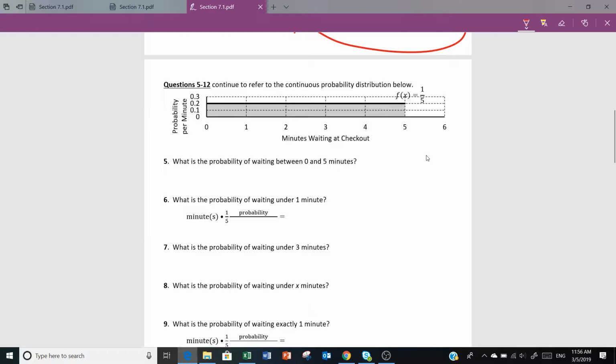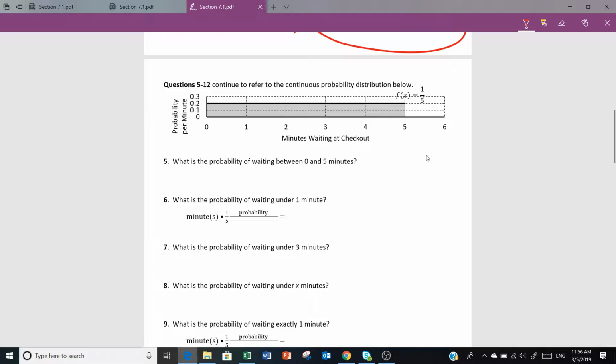So that's the sample space. What's the probability that you can have in the sample space? That's the one for this per minute. What's the percent chance that you wait anywhere between 0 and 5?